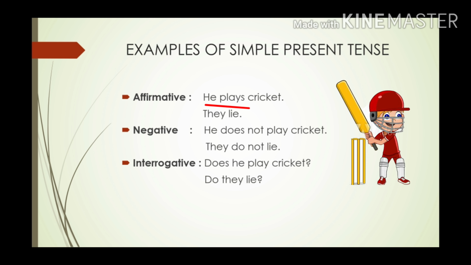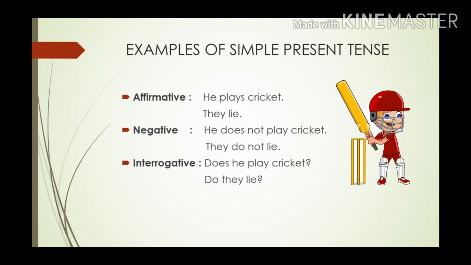So it becomes he plays cricket. Let's look into another example. They lie. Here the subject is they, which is plural. So we will use the base form of the verb, that is lie, not lies. So it becomes they lie.